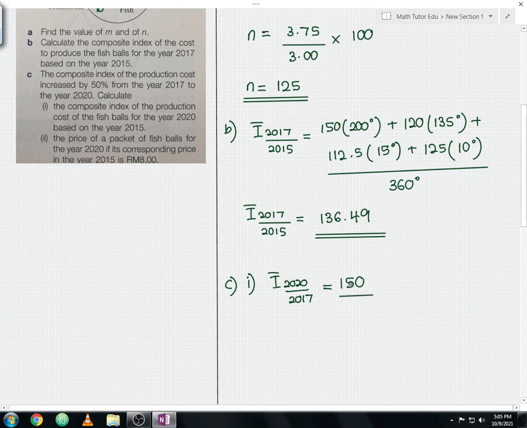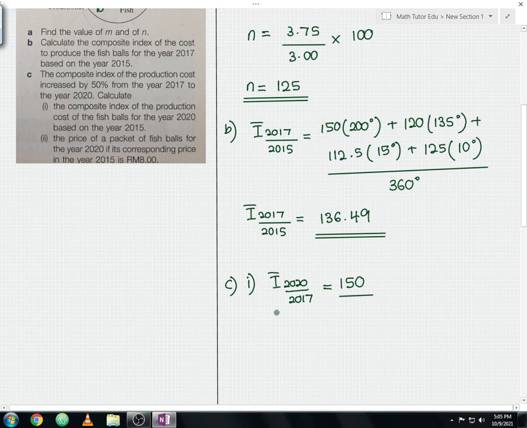From here, if you still don't get this concept, let me explain to you. If your composite index has experienced an increase in value, that means your composite index value will be more than 100. If your composite index has not changed its value from one year to another, that means your value will remain as 100.